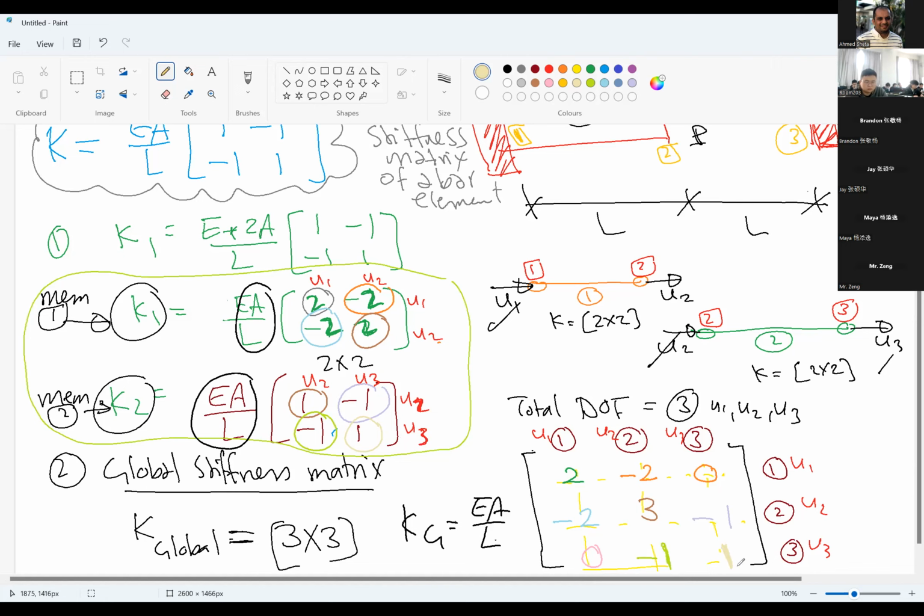So if you have a look at the matrix, the common thing is only this value, which is U22, because we have node 2 here and node 2 here. So this is how to construct the global stiffness matrix: just take the common values together and add them together to construct the stiffness matrix for the whole structure.